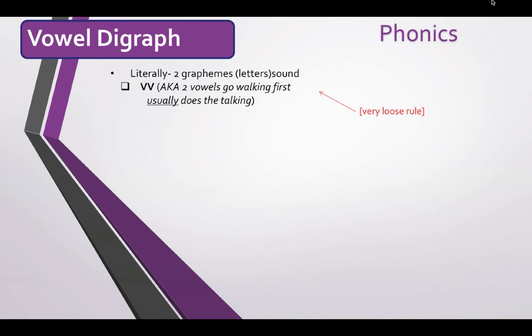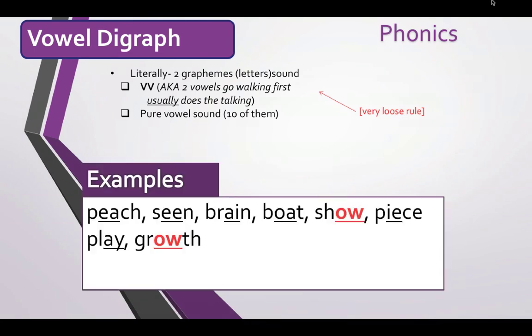That works much of the time, but not always. It's a pure vowel sound. So these are various examples: peach, scene, brain. So our first vowel is doing the talking. Be wary of things like show and growth because they don't exactly fit the model.